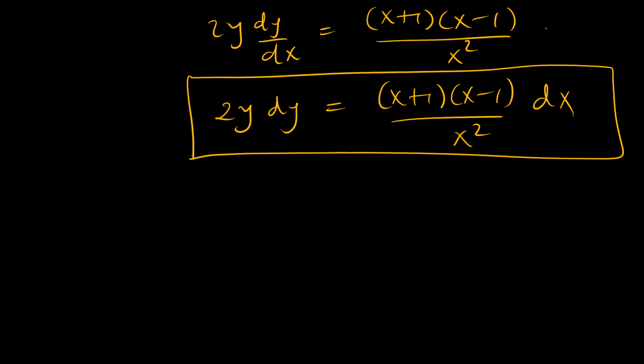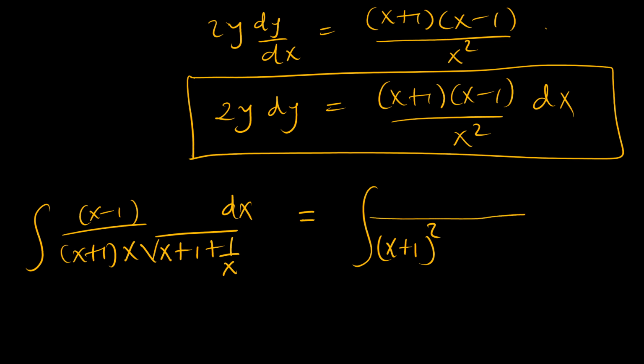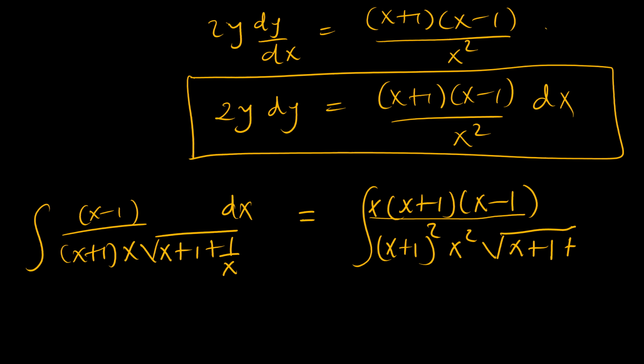So this is our problem. And so if we have x minus 1 over x plus 1, times the square root of x plus 1 plus 1 over x, this is the same as x plus 1 squared, and then we have x plus 1, x minus 1, and now we will put x here so that we have x squared here, and then we have x plus 1 plus 1 over x.